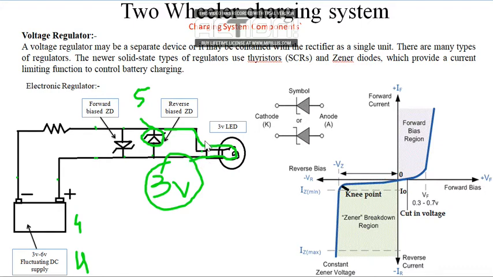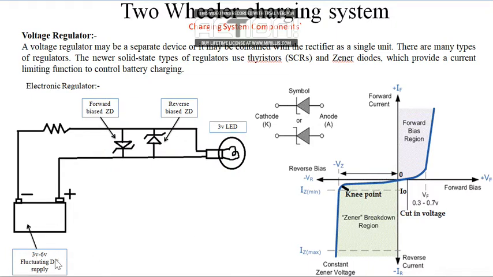In order to prevent that, I have to select a Zener diode with a Zener voltage of 3 volt. Due to the same voltage of the Zener diode and the LED, it prevents damage to the LED.